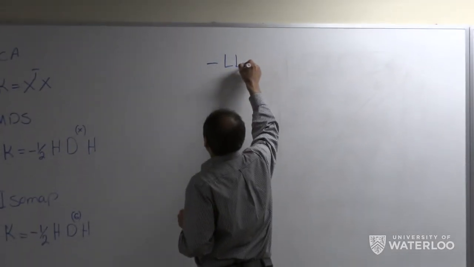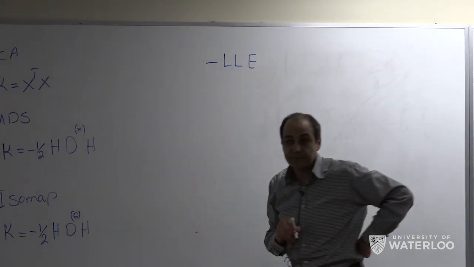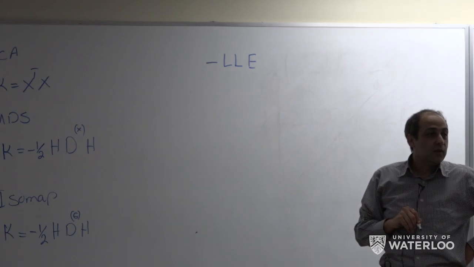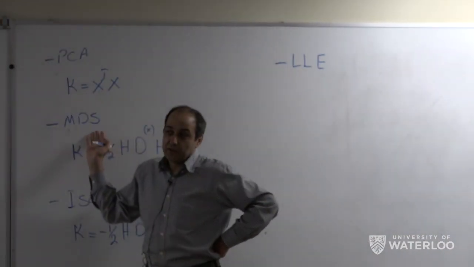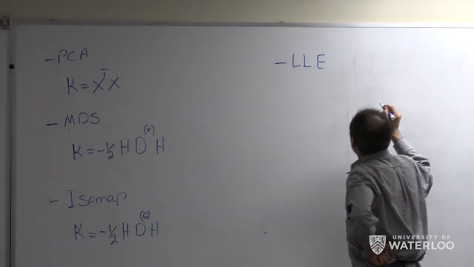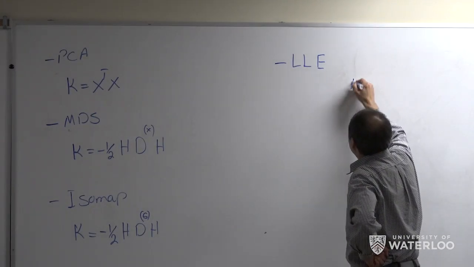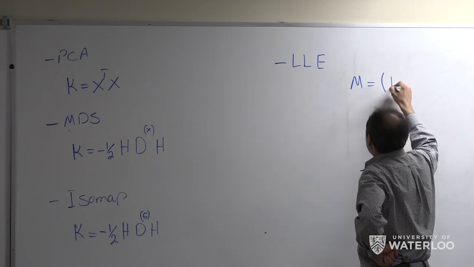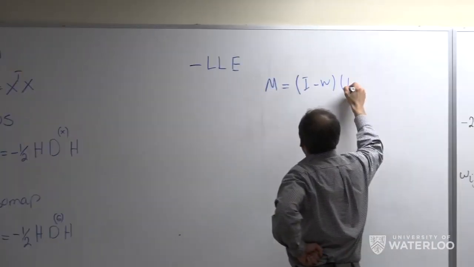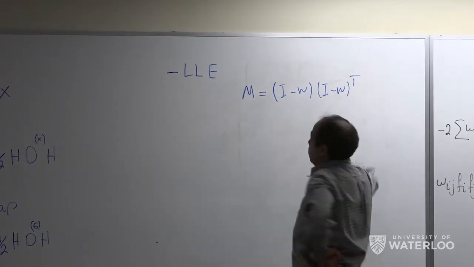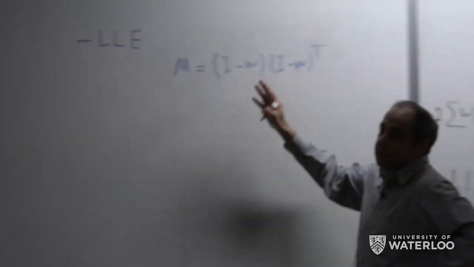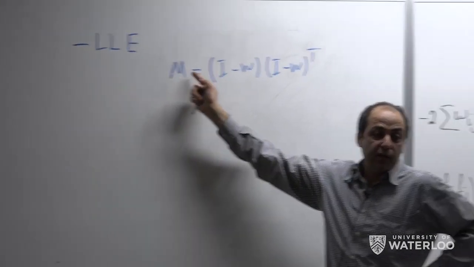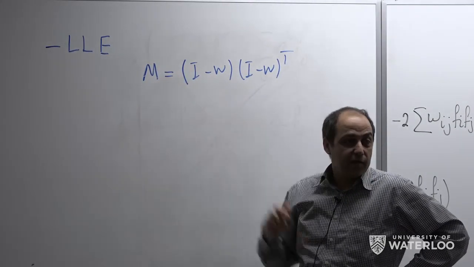In LLE, so, in kernel-PCA, it always goes for the large eigenvalues, right? In LLE, we computed the smallest eigenvalues of I minus W times I minus W transpose instead of the largest. So can you show me a matrix such that its largest eigenvalue is equal to the smallest eigenvalue of M?